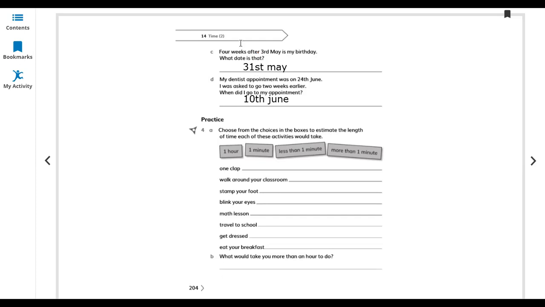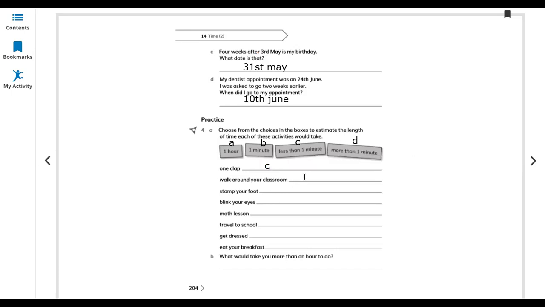I'm writing here the letter because it's difficult to write all. This is A, this one B, this one C, and this one D. Okay, 1 clap. I'm choosing C. Why? Because less than 1 minute.